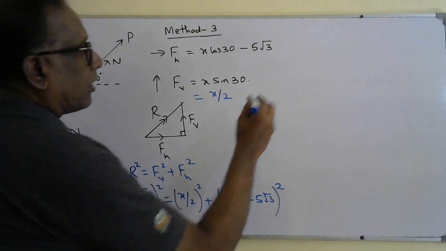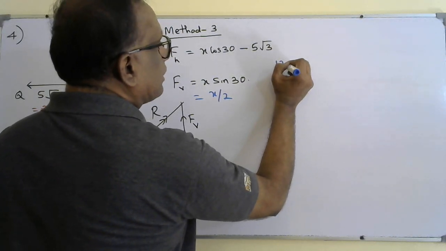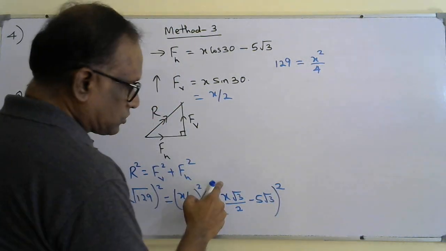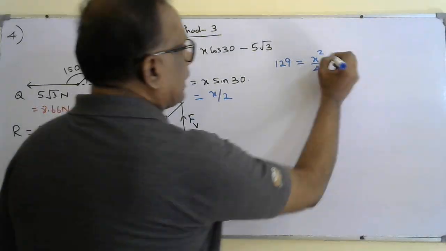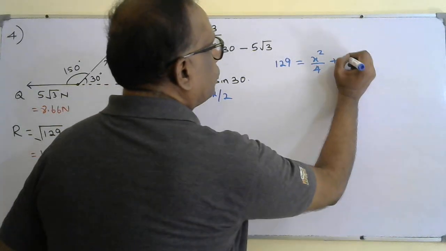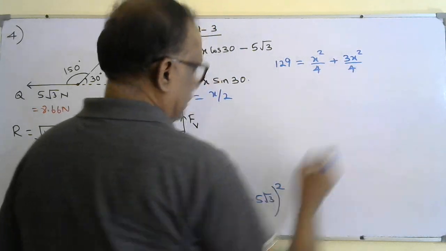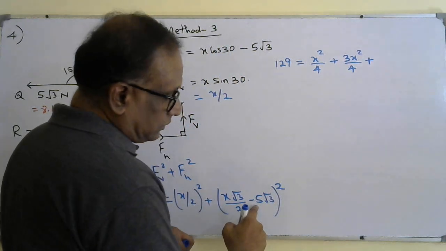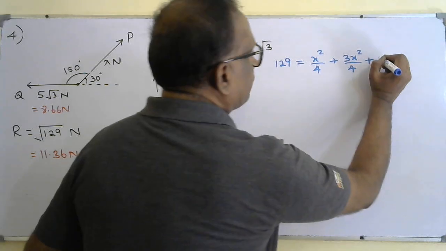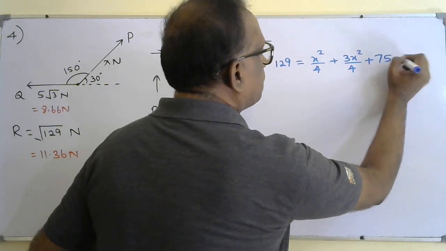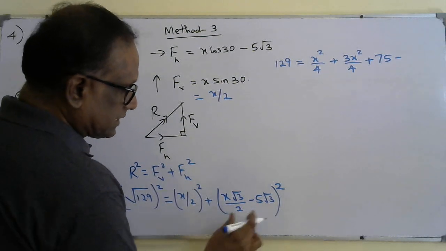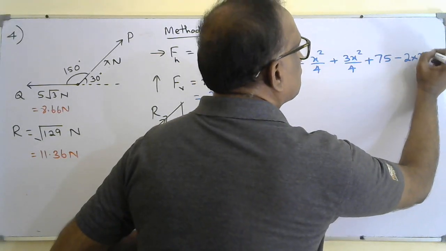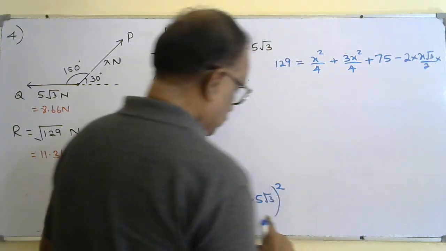You will get on the left side 129. I'll write it here: 129 is equal to x squared by 4, and here you will get plus 3x squared by 4, plus 5 squared is 25 into 3 is 75, minus 2 into this into this, so minus 2 into x root 3 by 2 into 5 root 3.